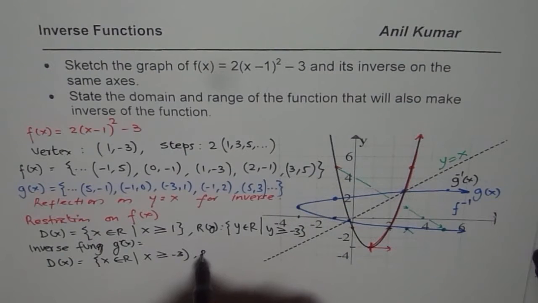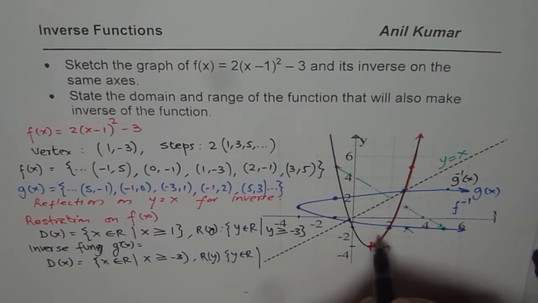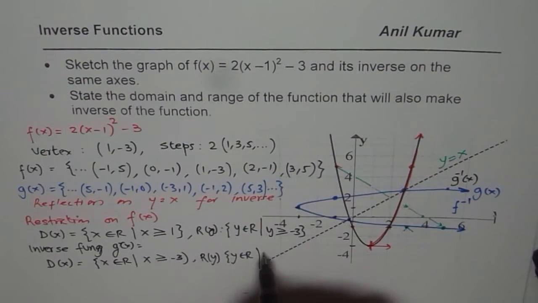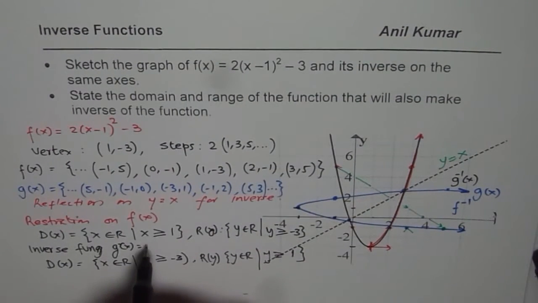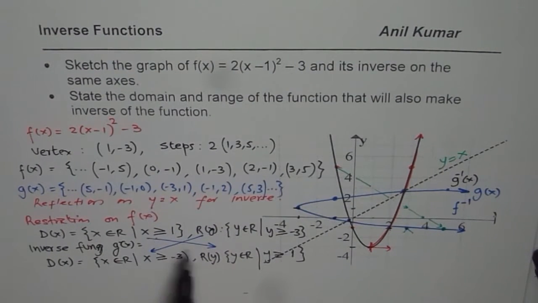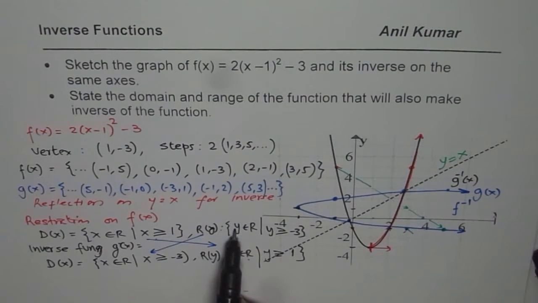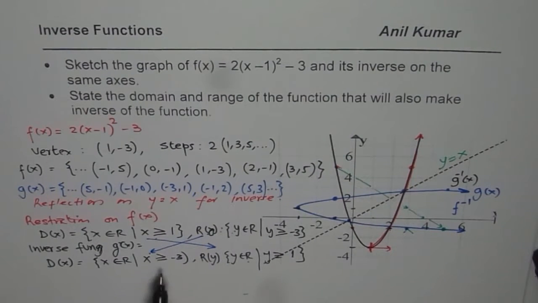As far as the range is concerned, the range in this case is y belongs to real numbers where y is greater than or equal to plus 1. You will find that the domain and range swap. Do you see that? So the domain of the function becomes the range of the inverse function, and the range of the function becomes the domain of the inverse of the function, correct? So that is kind of important to understand.